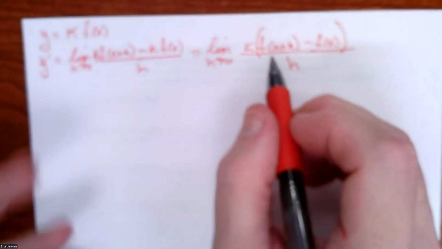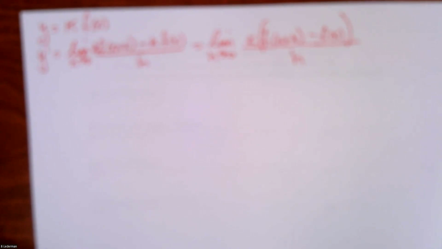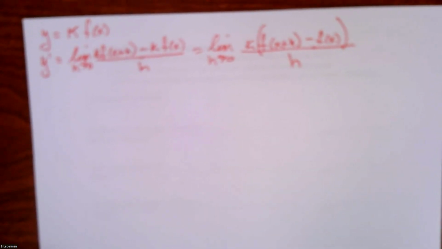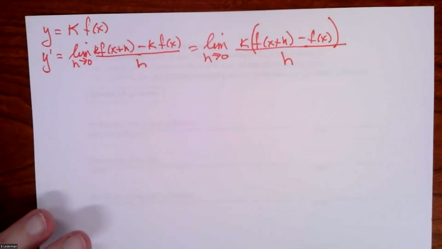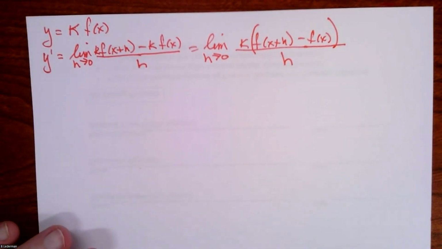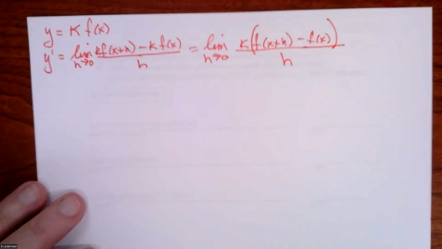Now notice k is just a constant, like 3, 4, 5, negative 7. K is just a constant, so I could pull a constant out of a limit.